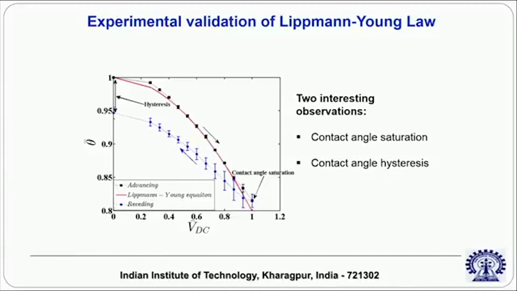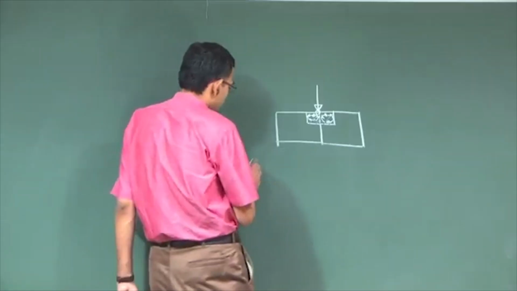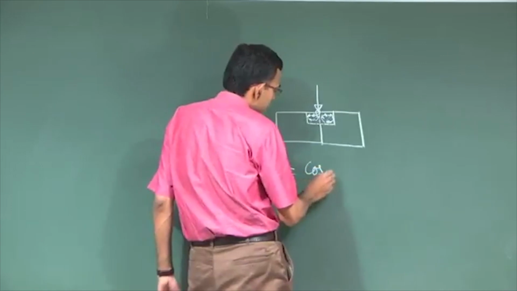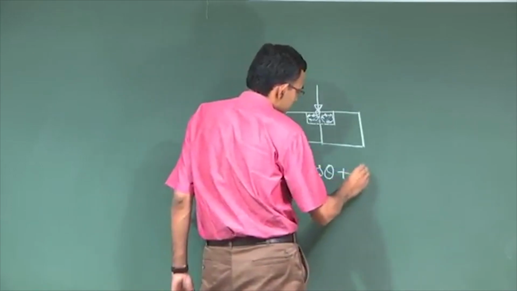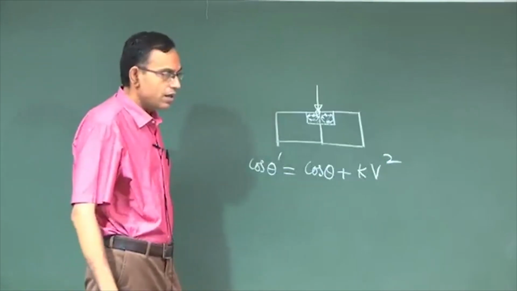Now I will briefly tell you about two very interesting observations. Let me write down the formula on the board so that we can explain these observations. Just for simplicity I am writing this.